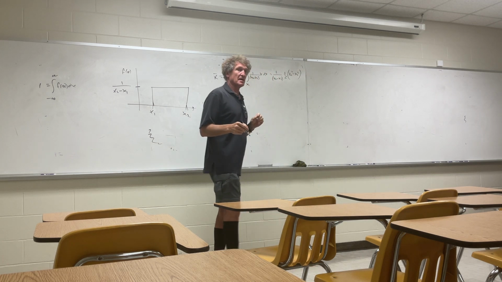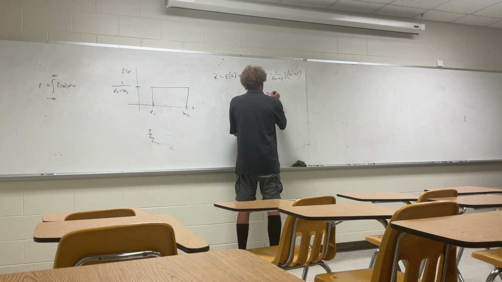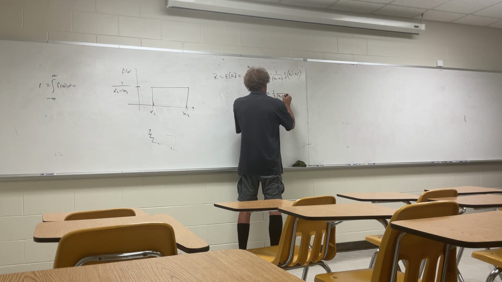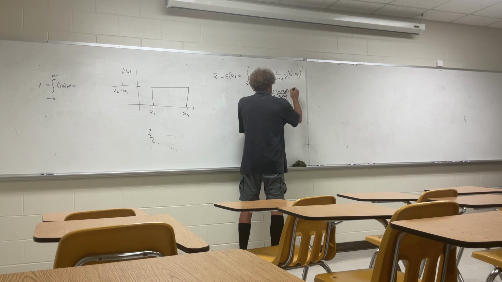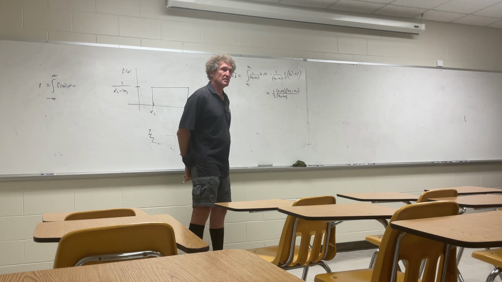Do you all agree with that? Now, you can factor it if you want, so you have 1/2, and you have x2 minus x1 here. Then up here, this is x2 plus x1 times x2 minus x1, if you factor the x2 squared minus x1 squared. Do y'all agree with this?